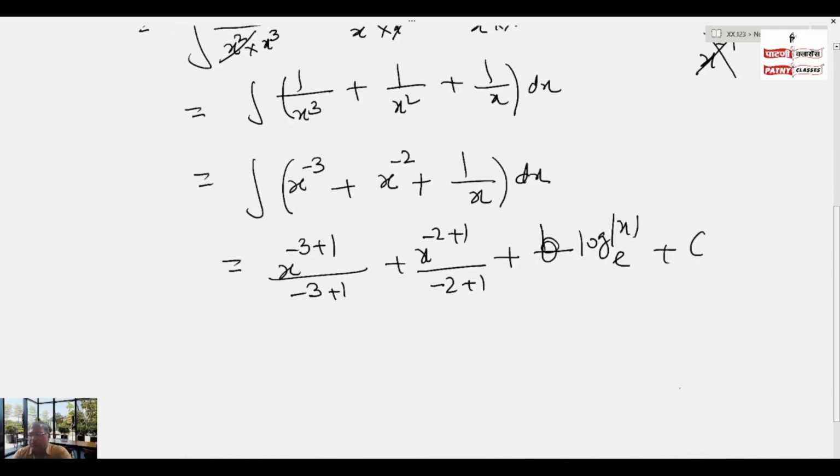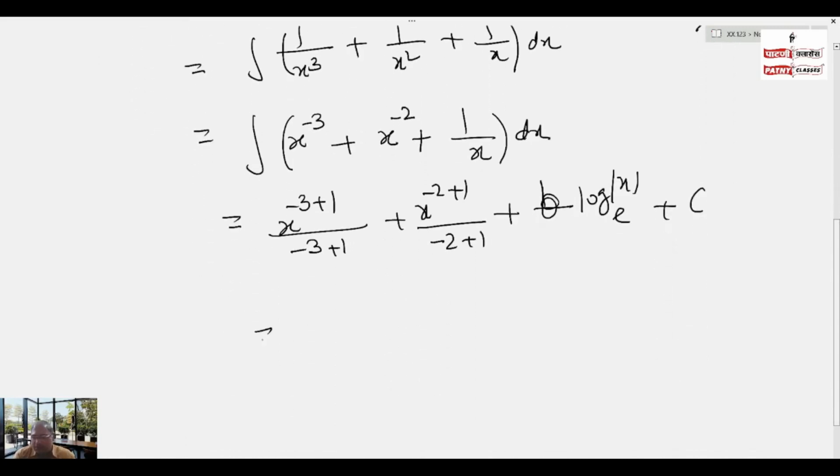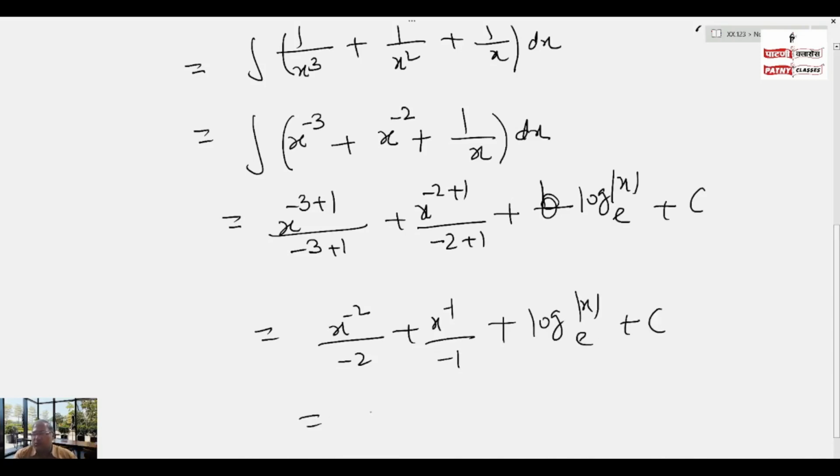Now we can simplify this term: x raised to minus 2 upon minus 2, x raised to minus 1 upon minus 1, and log of modulus x to the base e plus c. This is equal to minus 1 upon 2x square minus 1 upon x plus log of modulus x to the base e plus c.